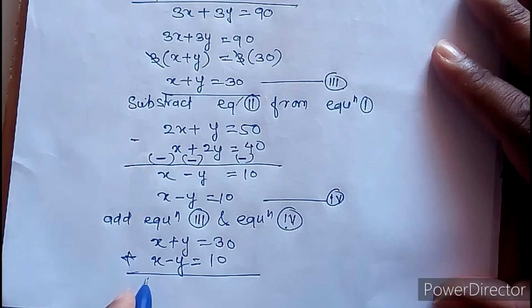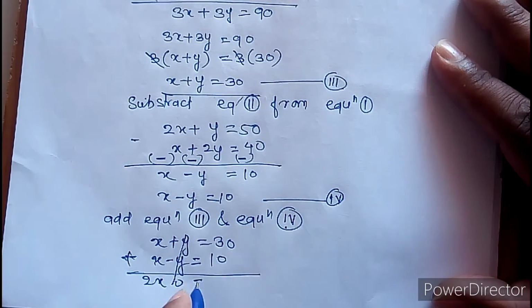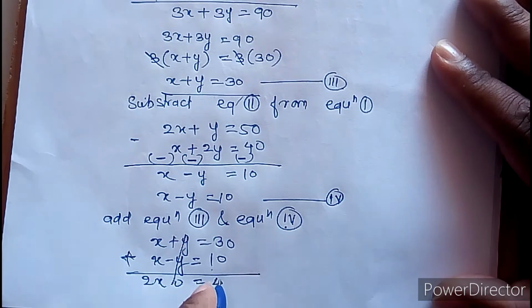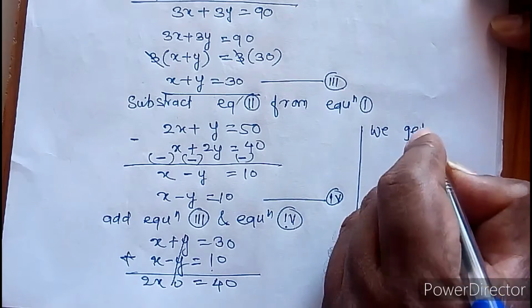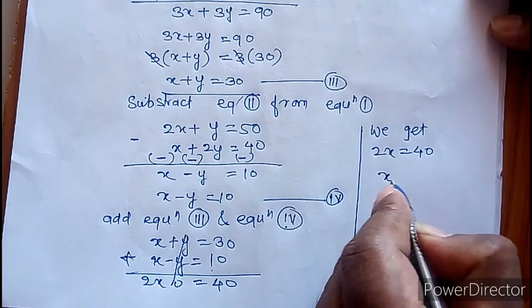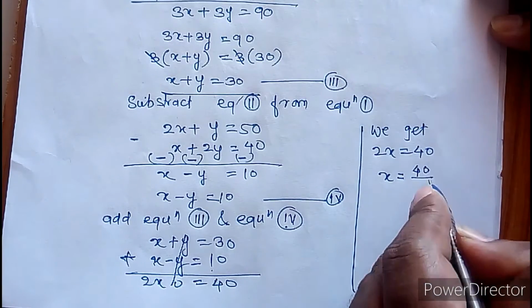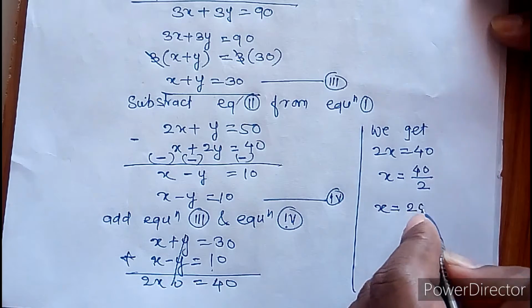On adding, x plus x is twice of x, plus y minus y gets cancelled, equals 30 plus 10, that is 40. We get twice of x equals 40. Therefore x equals 40 divided by 2, that is 20.